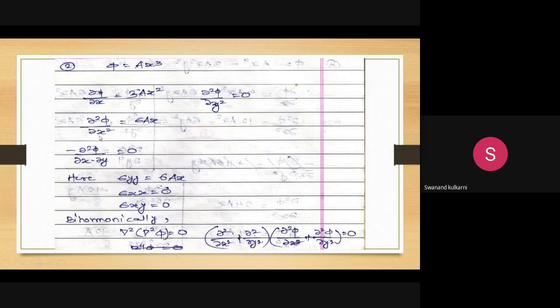If we take one more differentiation, dou 3 phi by dou x3 will become equal to 6a, and dou 4 phi by dou x4 will be equal to 0 because 6a is a constant.